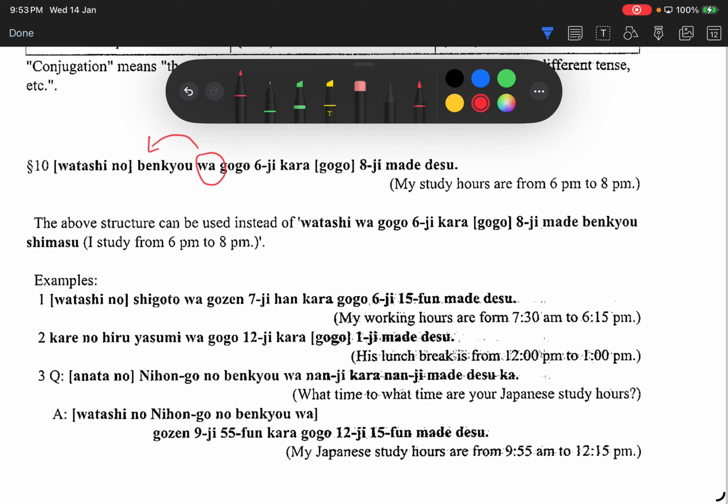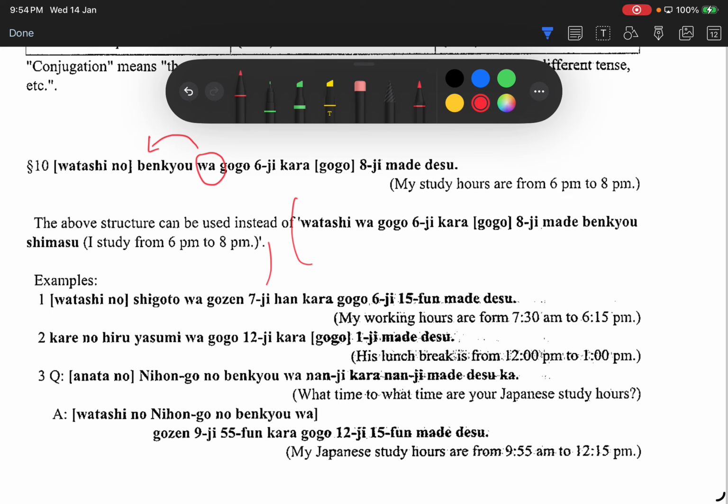Versus the one below. The one below says that I study from. That means I'm still using the word study as a verb. That means I'm doing the action of studying. Okay, so the difference between 勉強 as a noun and 勉強 as a verb is that when we mention 勉強 as a noun, it is simply mentioned as the study. So study hours, so it's a noun.